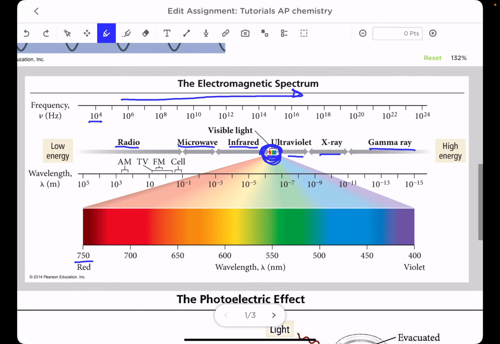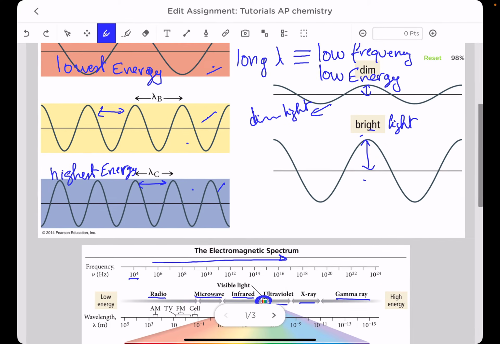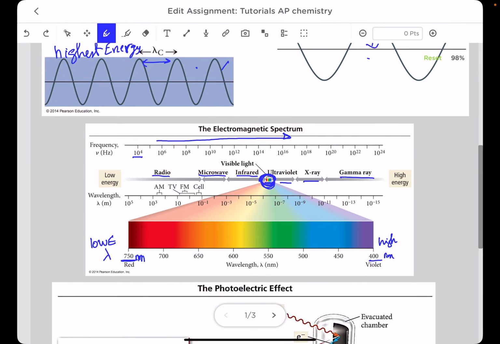It ranges between wavelengths of 750 nanometers up to 400 nanometers. Of course, we go from a low energy, 700, that's a long lambda, to a higher energy, that's a shorter lambda. So these are the colors. This is why in the examples over here, this is low frequency, the color is red. Higher frequency, the color is yellow. A higher one, the color is blue.